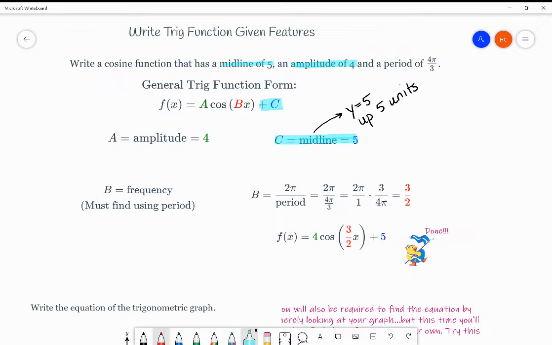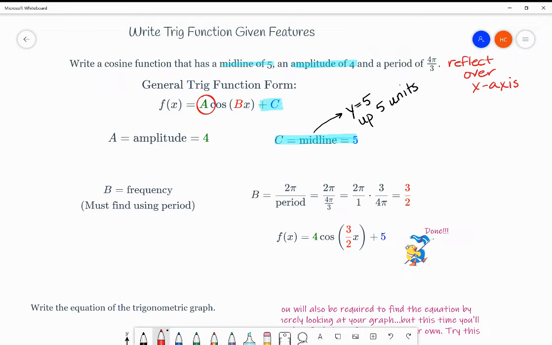The amplitude of 4 we learned in our first section again was always going to be the coefficient of our trig function. The amplitude of 4 is always a positive value, but just to throw something in here, if they had told us that our graph was reflecting over the x-axis, just for example, you would tell us that the amplitude is a 4, but when writing the equation, you would make sure to put a negative in front of that 4 to depict reflection, okay?